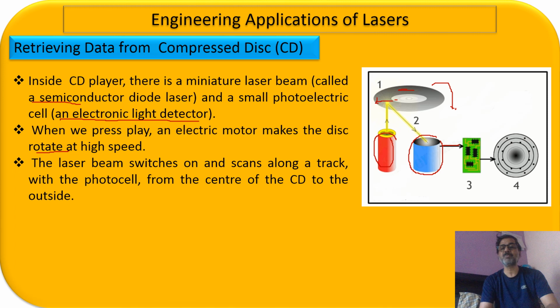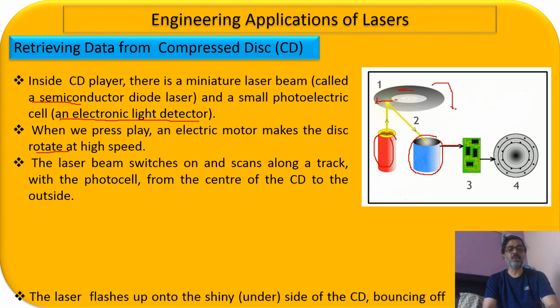Initially its speed will be very fast, and as you move away from the center, its speed will become slower to match the speed of retrieving the data. The laser beam scans along the track with a photocell from the center of the CD to the outside, right? So this is what I have explained.